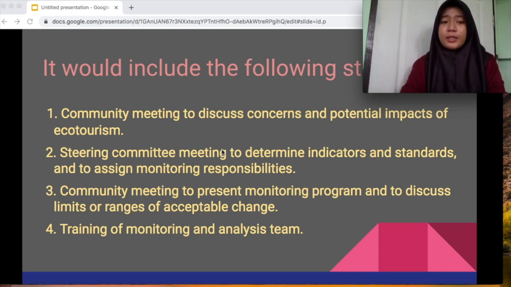Second is a steering committee meeting to determine indicators and standards and to assign monitoring responsibility. Third is a community meeting to present the monitoring program and to discuss the limits or range of acceptable change. Fourth is training of the monitoring and analysis team.